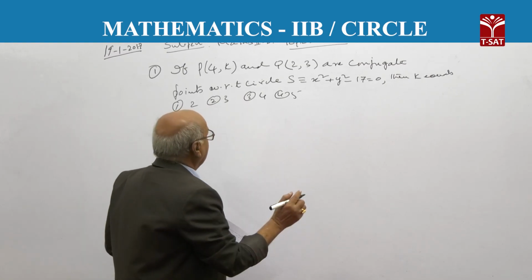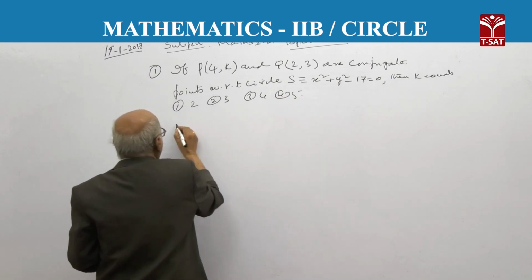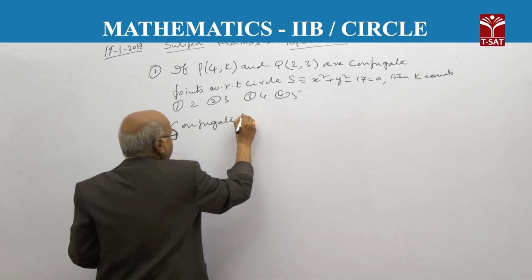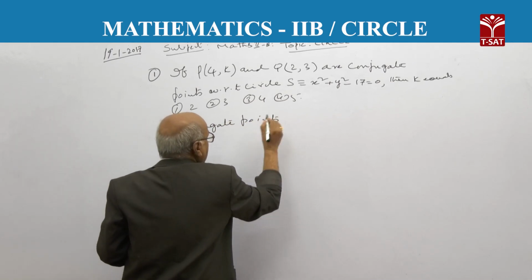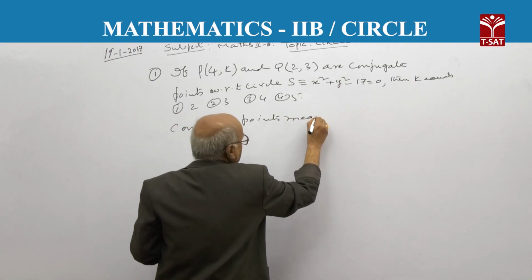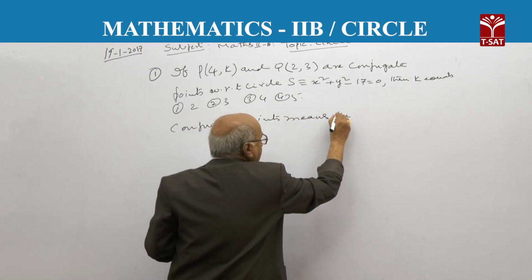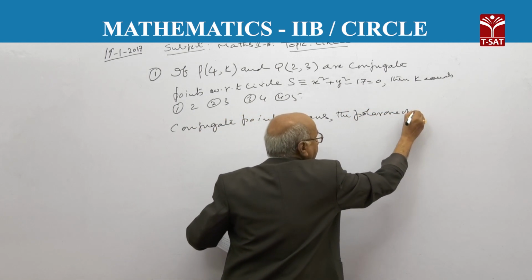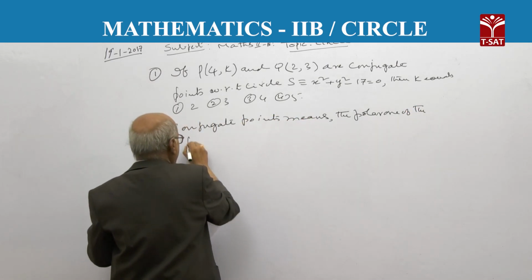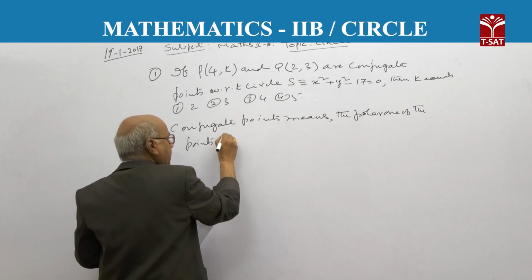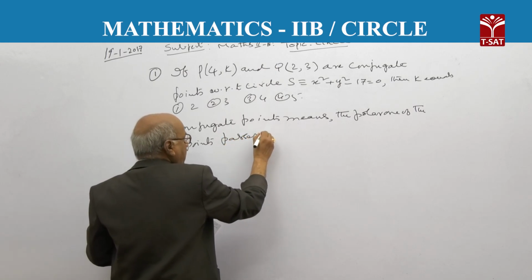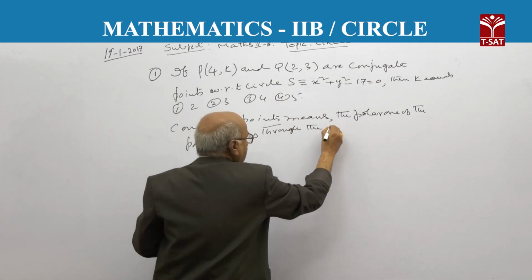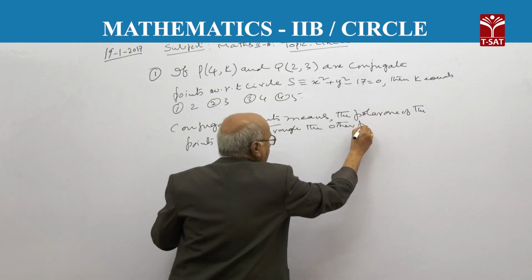Okay? Right. Now, the solution is simple. Conjugate points means the polar of one of the points passes through the other point.